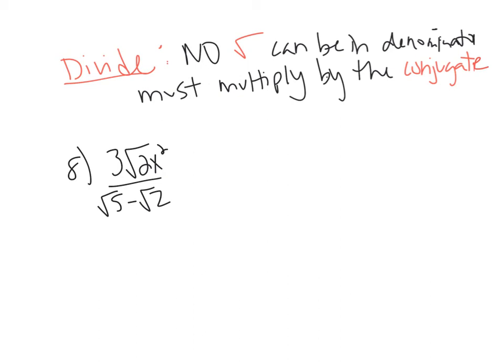First, is there anything that I can simplify? Square root 5 is not a perfect square. Square root 2 is not a perfect square. But square root of x squared, I can simplify. The square root of x squared is x. So I can boot that to the outside and just keep the root 2.